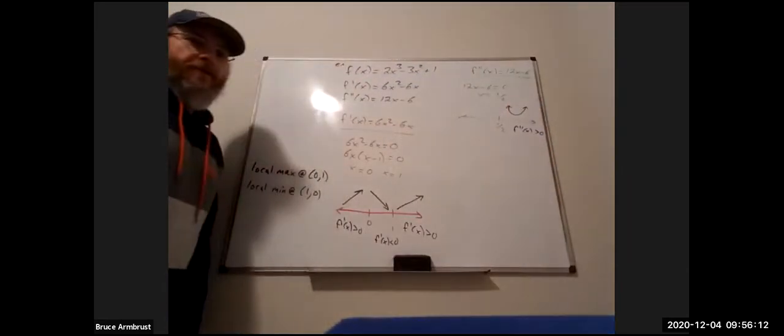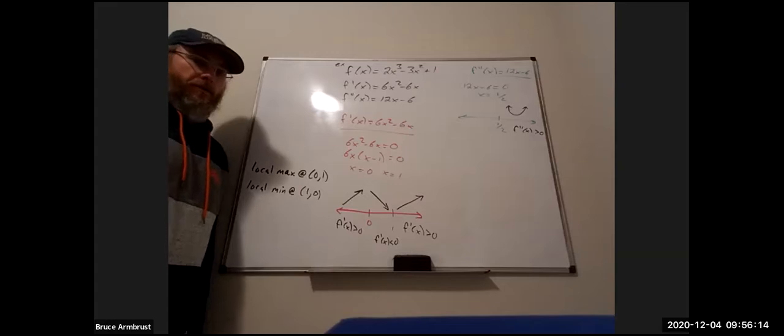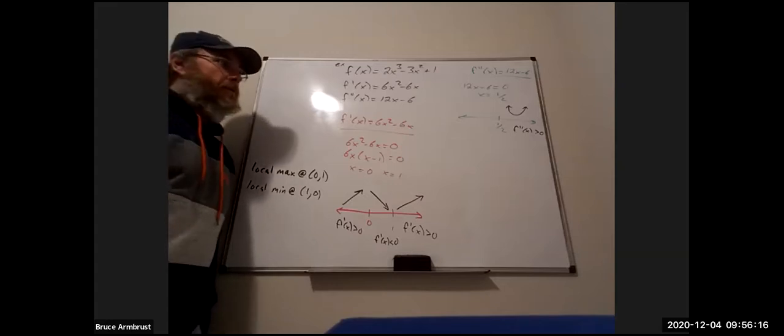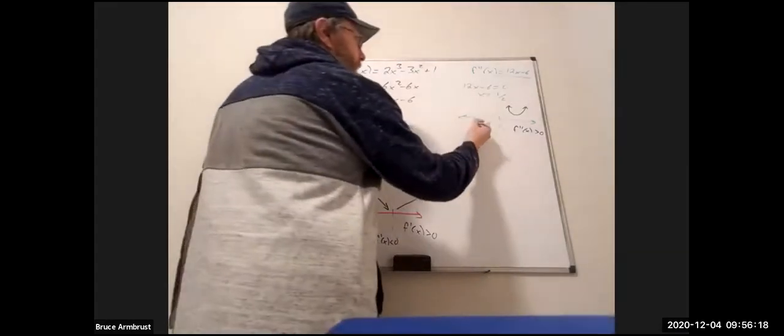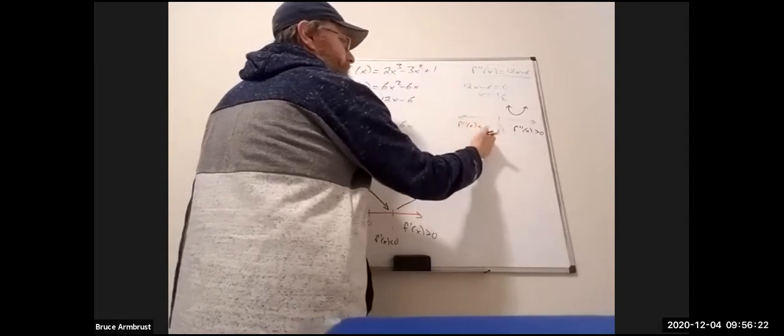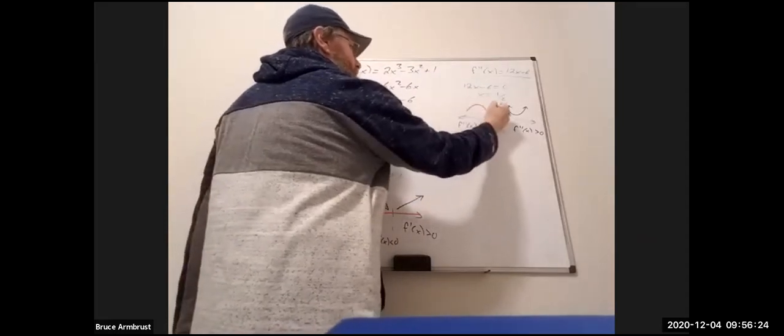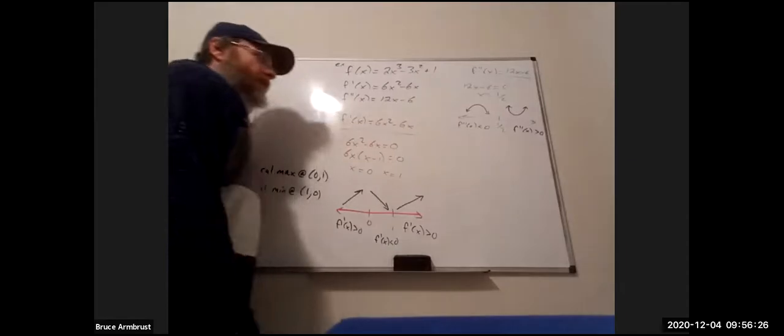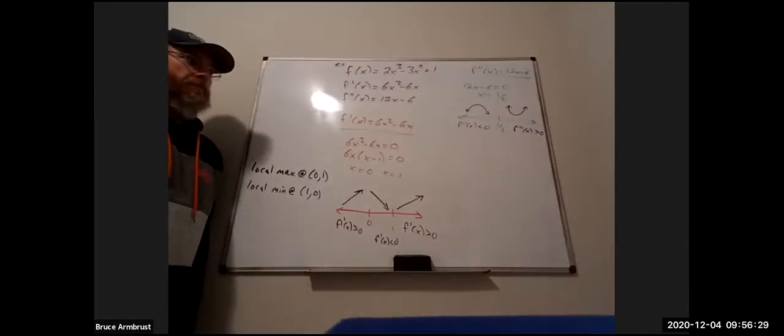So over there, it's going to fit on a smile or a cup. If I plug in a number less than 1/2, like 0, I get that this derivative is less than 0. So it's concave down.